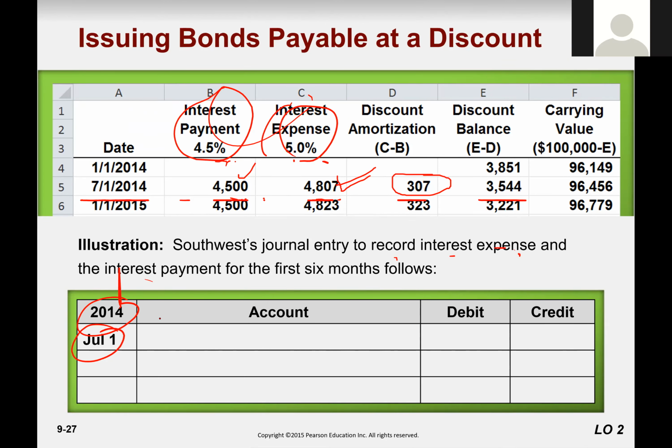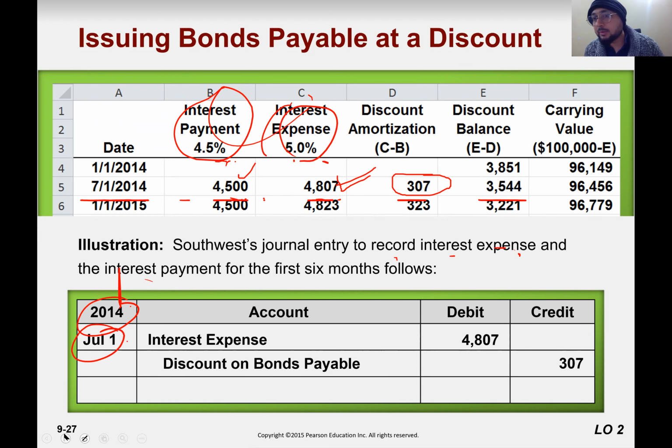So we have the entries here. What is the expense? Interest expense, 4,807, right? To discount, because it is a decrease in expense, 307. So we have a credit. Increase in expense, debit; decrease in expense, credit. So this 307 is the decrease in discount, the decrease in expense, which is discount.